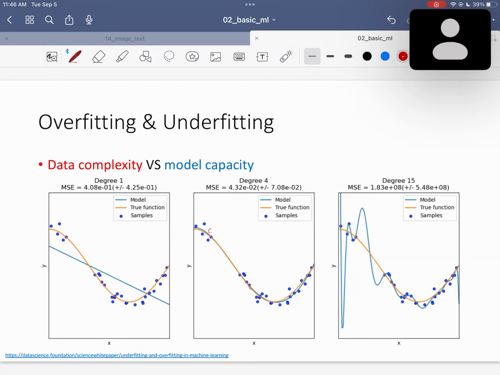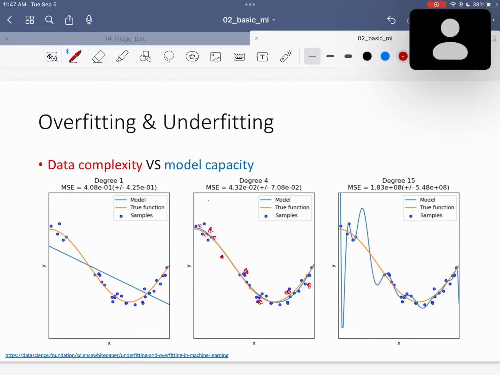So 6 samples here, here, here, here, here, here, like this. Then when you use degree 15, it'll start working like this, right? Just like in here.